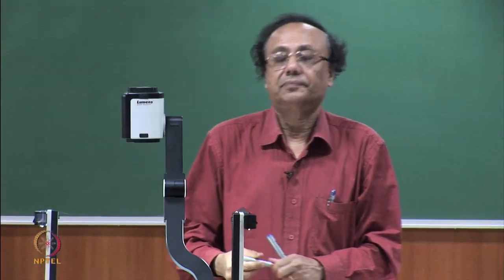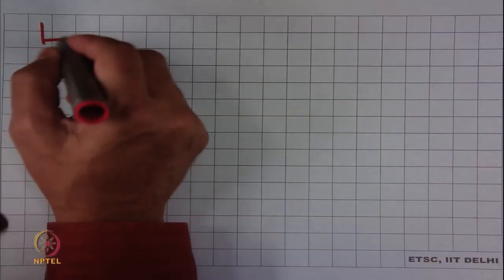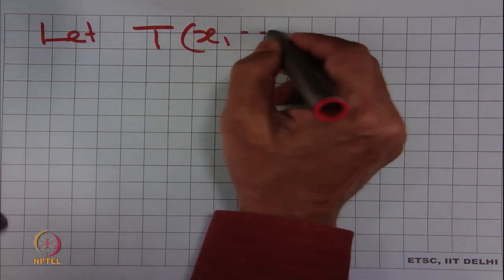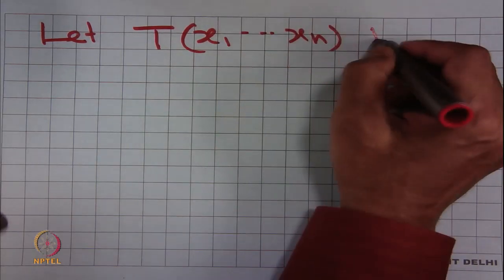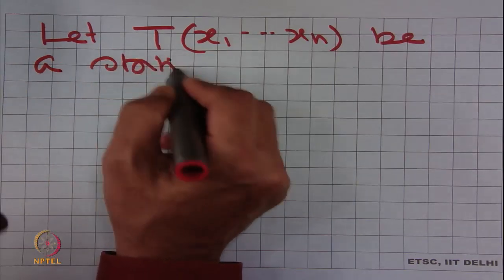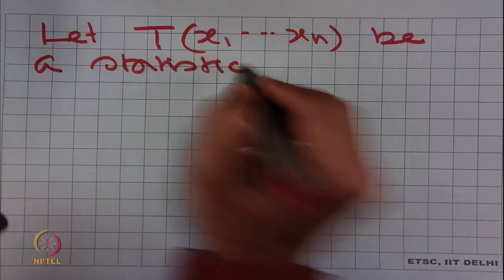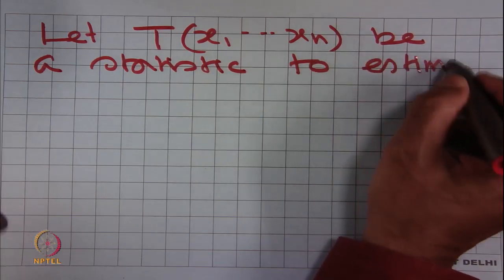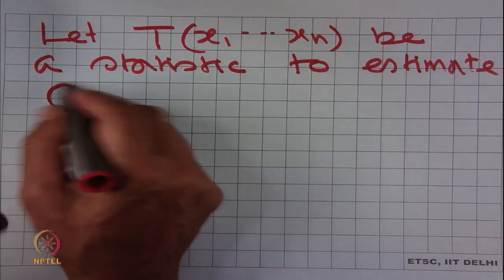Let T(x1, x2, ..., xn) be a statistic to estimate theta.